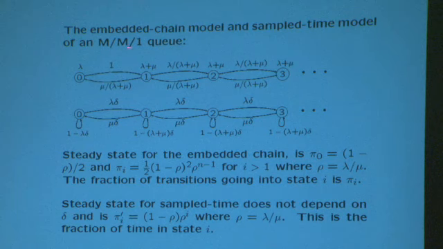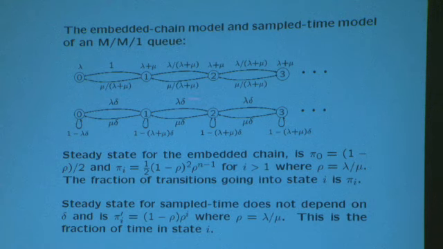Okay, let's look at the embedded chain model and the sample time model of an M/M/1 queue. Hate to keep coming back to the M/M/1 queue, but Markov processes are so similar to each other that you might as well get very familiar with one particular model of them, because that one particular model tells you most of the distinctions that you have to be careful about.